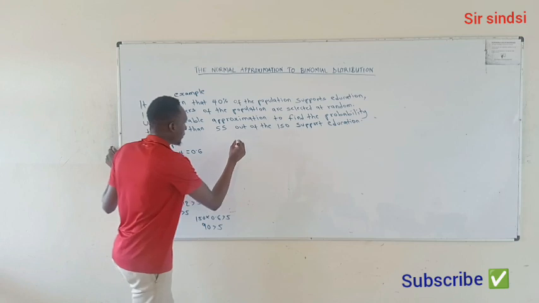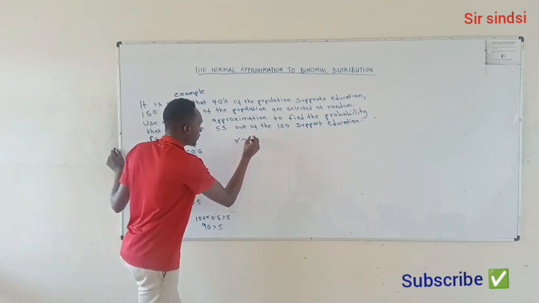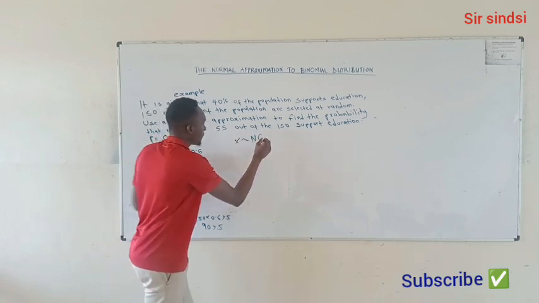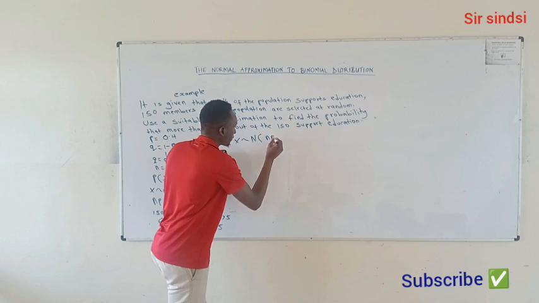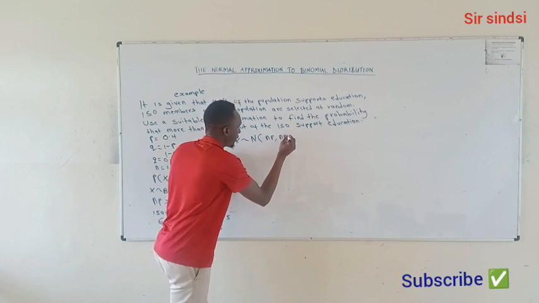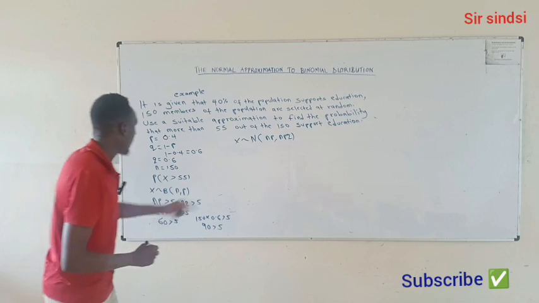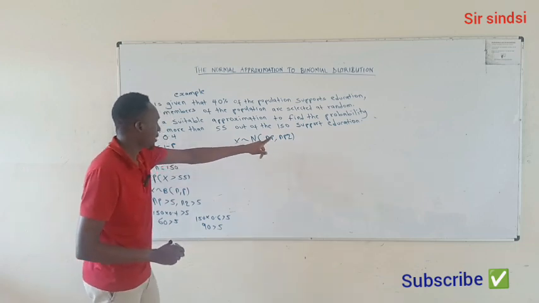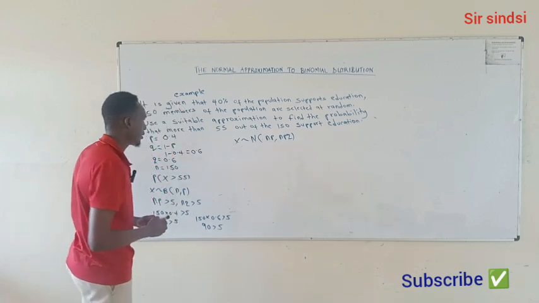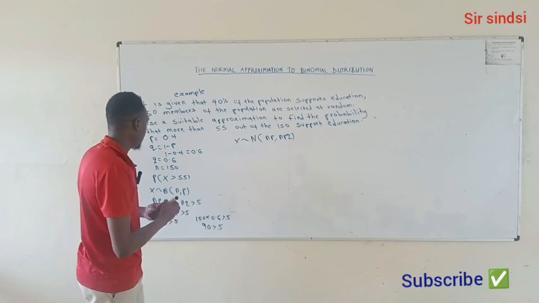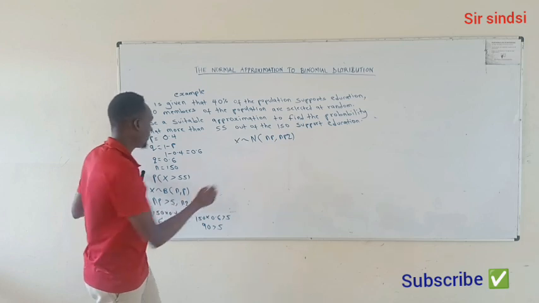Now our X will be assumed to be normally distributed with mean NP and variance NPQ.